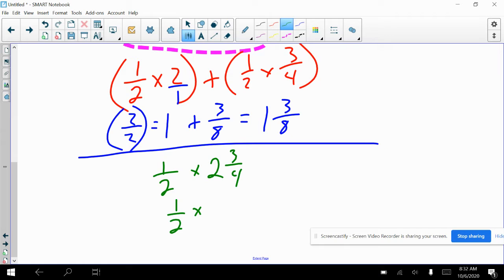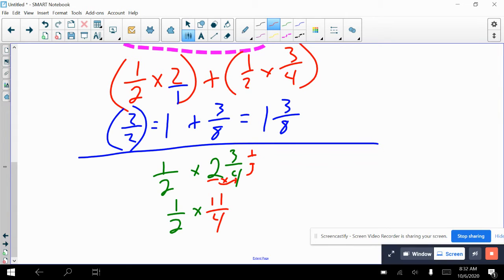Okay, you take the base number, right, which is 2. You multiply it by the denominator. So 2 times 4 is 8, and you add the numerator. So here we are going to get 11 fourths.